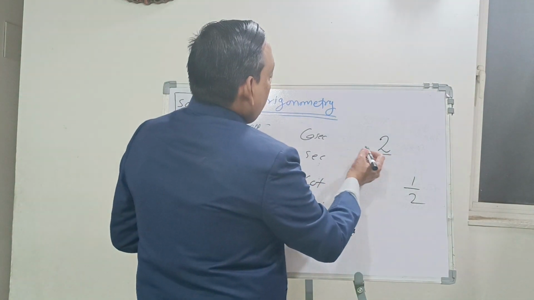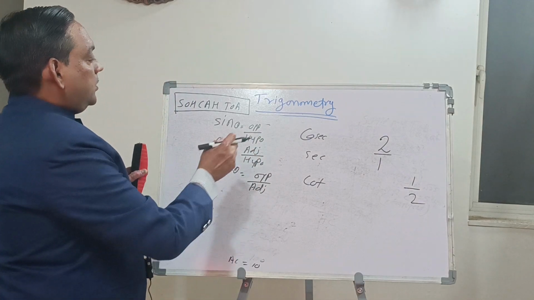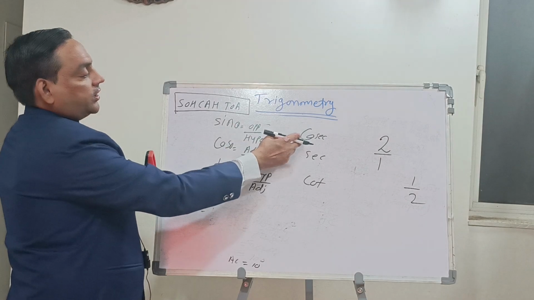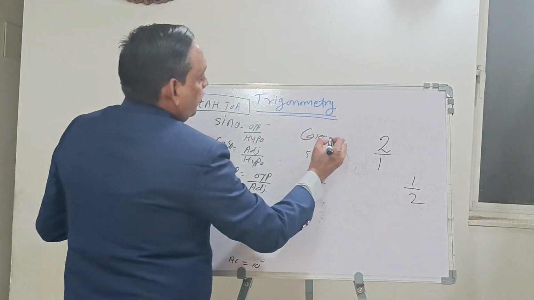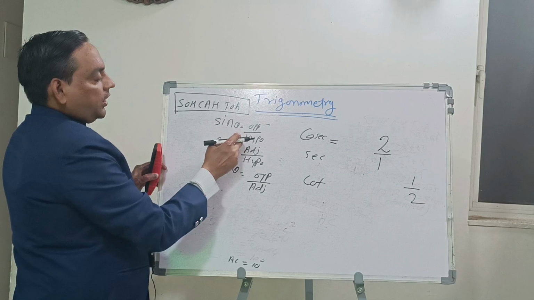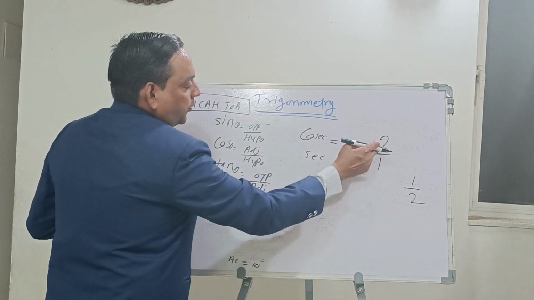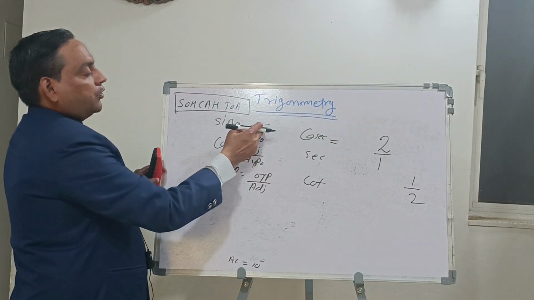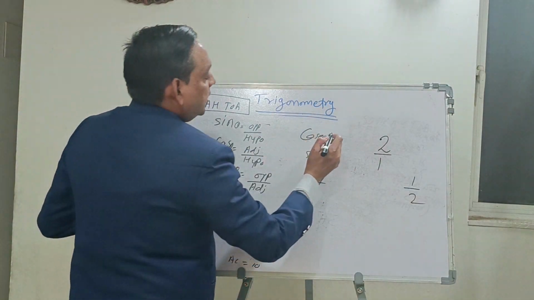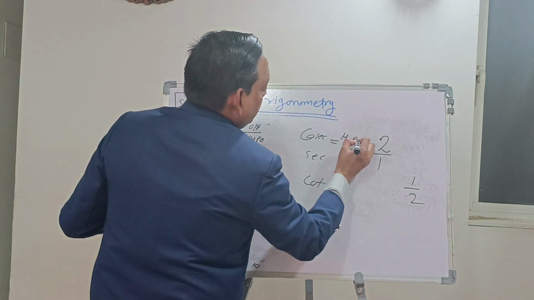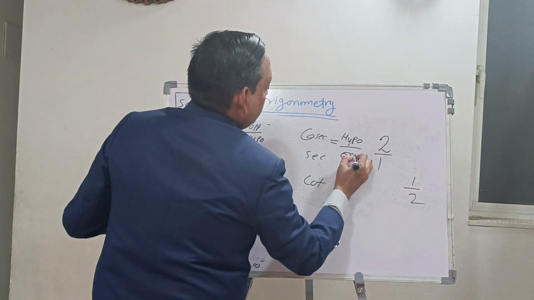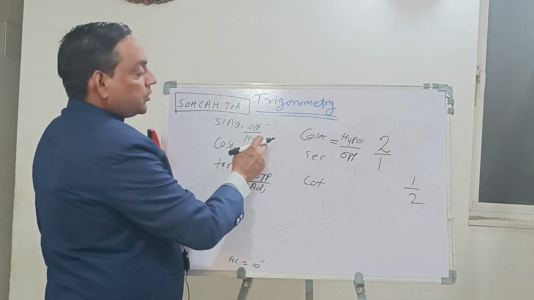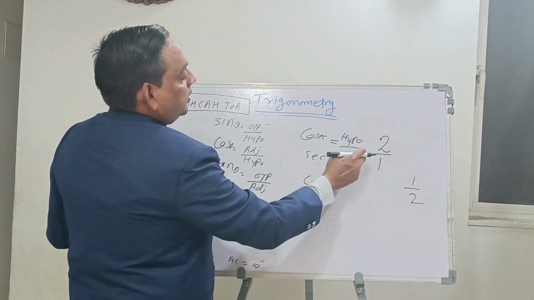Okay, so here also cosec is the reciprocal of sine. What is sine? Opposite over hypotenuse. If it is 2 upon 1, we got 1 upon 2. So here we have opposite upon hypotenuse, so this will be hypotenuse upon opposite. Sine is opposite upon hypotenuse, so cosec is hypotenuse upon opposite.